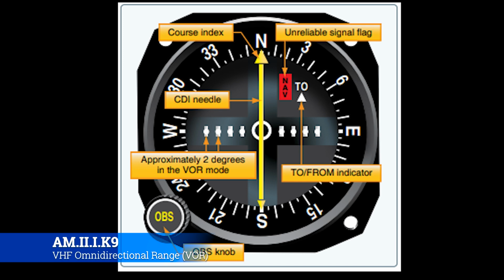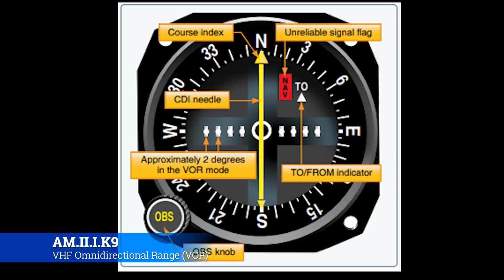You're tuned into the nav radio to the VOR. Select your radial with your OBS knob, 360 in this case, and then that CDI needle that we're getting ready to talk about will be kicked way off to the side. So what you're going to have to do is fly until you intercept that radial from the VOR itself.